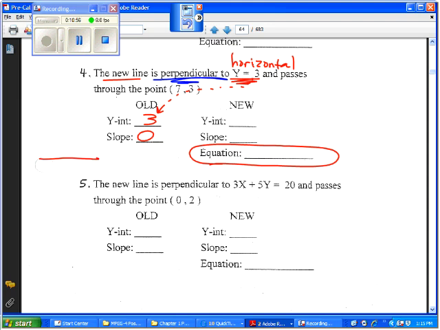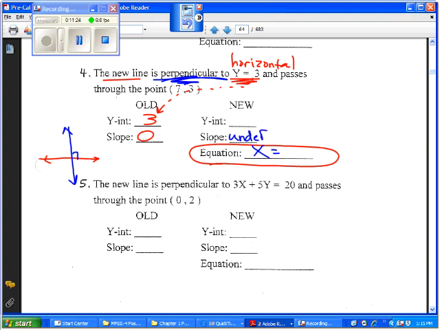So we're saying, okay, I started out with a horizontal line, and it says perpendicular. What kind of a line is perpendicular to a horizontal? A vertical. So I know that my new line must be a vertical line if it's perpendicular to a horizontal line. What kind of equation does a vertical line have? An x only. What is the slope of every single vertical line?